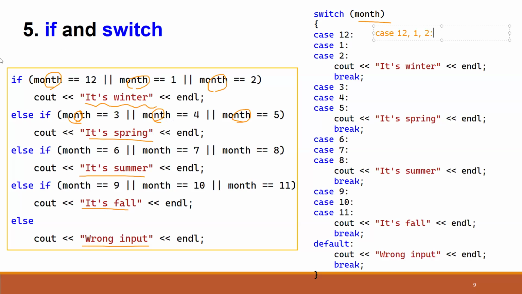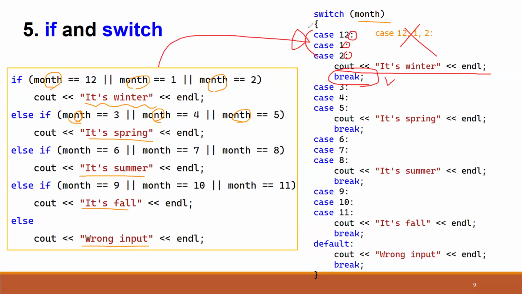You may have each case with each colon, like this. Just write the cases together and then write down the output and break. I think you understand this one. So you should know how to convert if to switch and vice versa. You will be given an if or switch statement and then I'll ask you to convert.